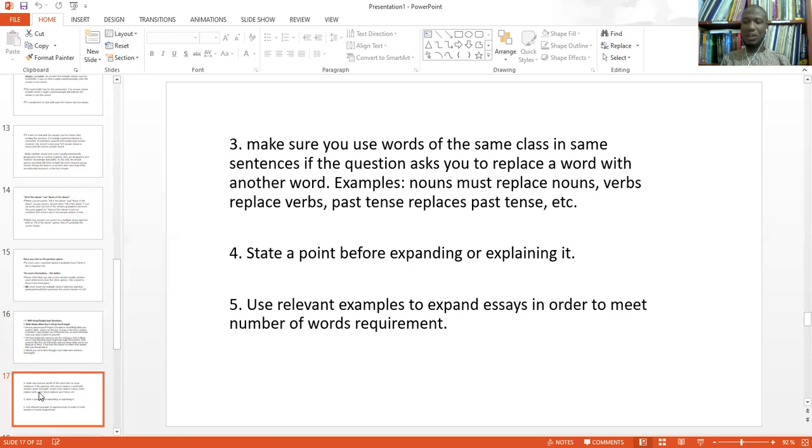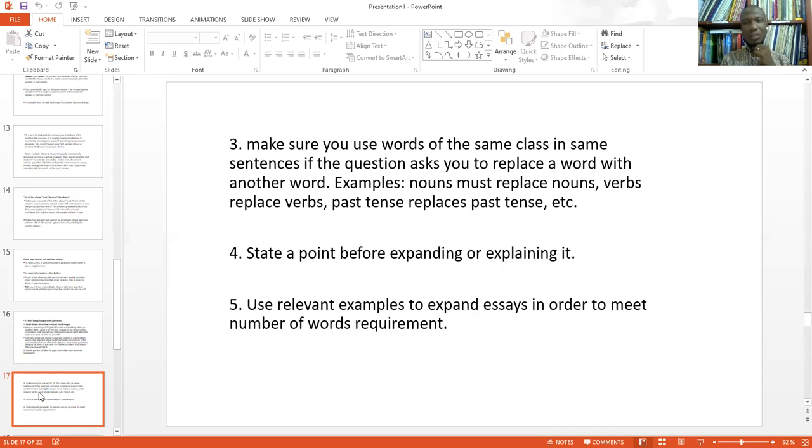You must be very, very careful about such words. For example, a word like education. To educate someone, the educate there is a verb. And then education is a noun.